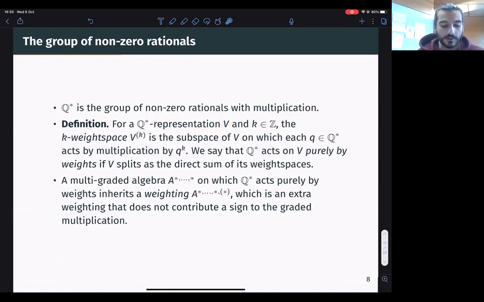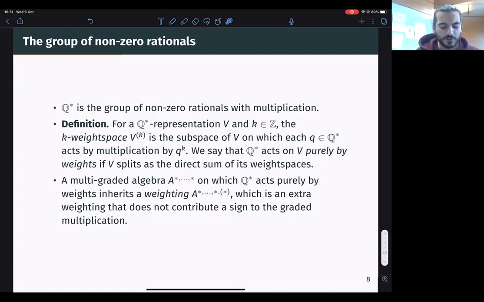I want to define the K weight space of V, denoted V superscript K in brackets, as the subspace of V on which every rational number q acts by multiplication by q to the K. And if V splits as the direct sum of its weight spaces, I will say that Q star acts purely by weights.